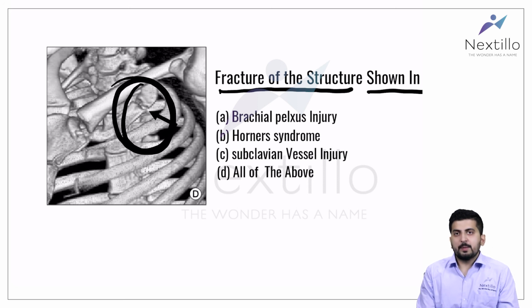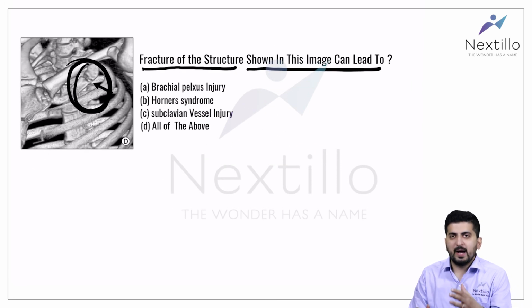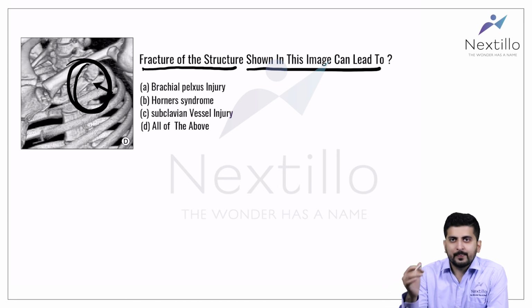Now, first rib fractures are notorious because they usually happen in high velocity injuries. The first rib is not fractured easily and it takes a high velocity injury to fracture it. And in cases of first rib fractures, there is a very high likelihood of associated visceral injuries also.